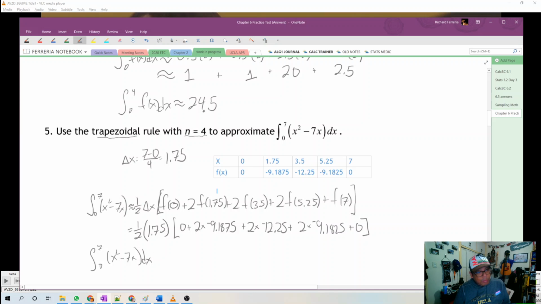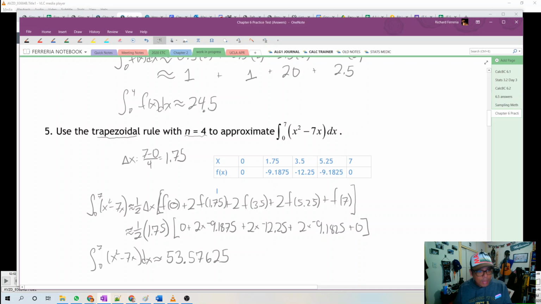These should be all approximately equal signs. And I get myself a 53.57625. Okay, I'm going to admit I used a calculator to do this. These numbers are kind of not nice. These are not the kind of calculations that I would expect you to make without a calculator.